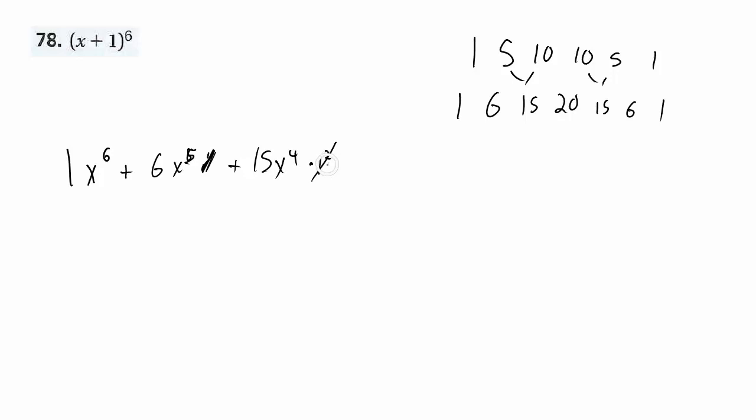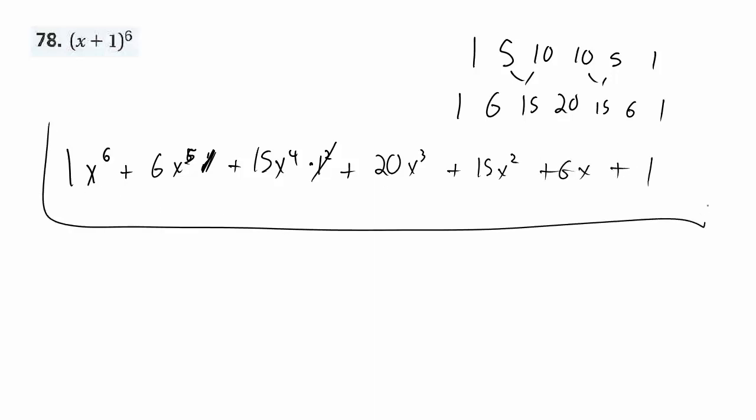But 1 to the 2nd is again just 1. At this point, I'm going to stop writing the 1s. Then that's plus 20x to the 3rd times 1 to the 3rd, but it doesn't matter, plus 15x squared plus 6x plus 1. So this is actually your answer right there.